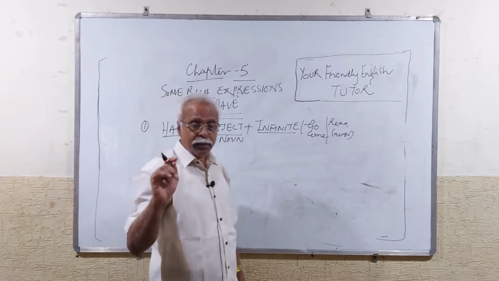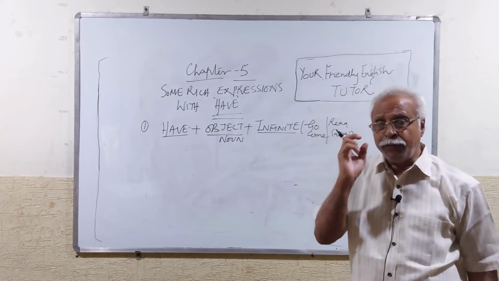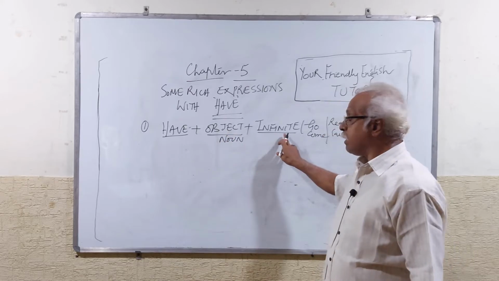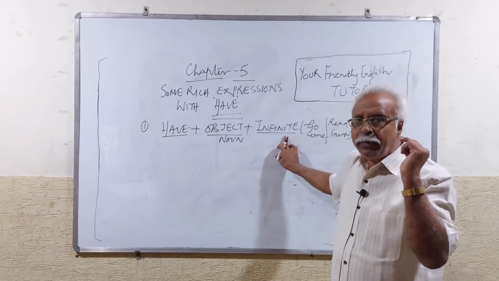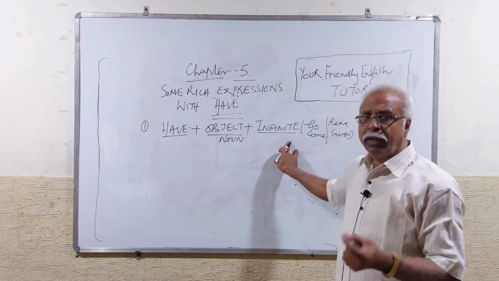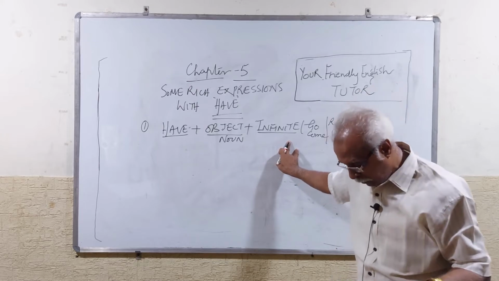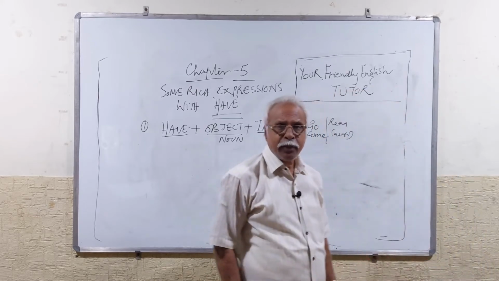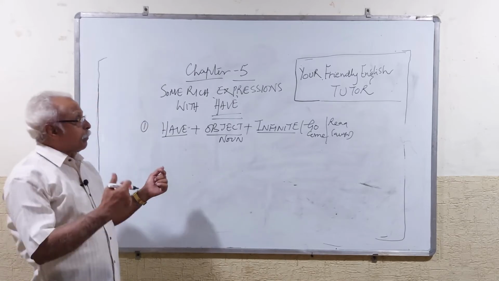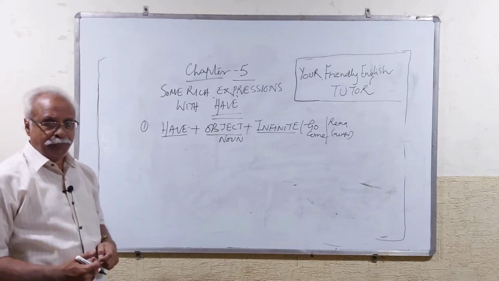If you think you're getting confused and confounded with the technical words like object and then infinitive, keep in mind object means a noun, and infinitive means go, come, eat, drink, first form of the verb or present tense verb. That's enough, right? See how beautiful expressions you can make with this structure.